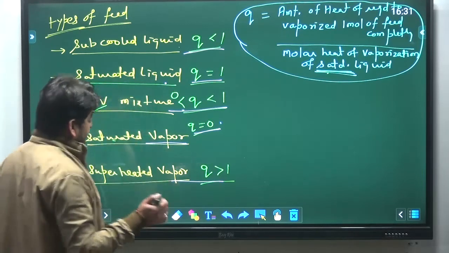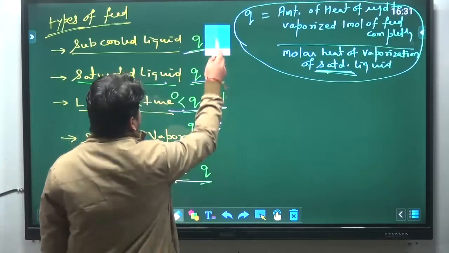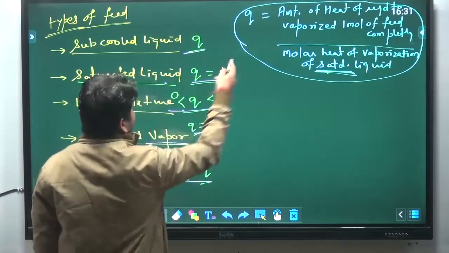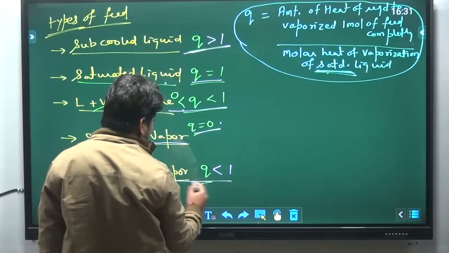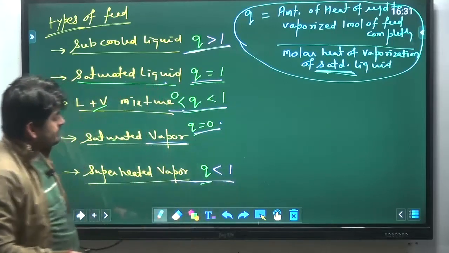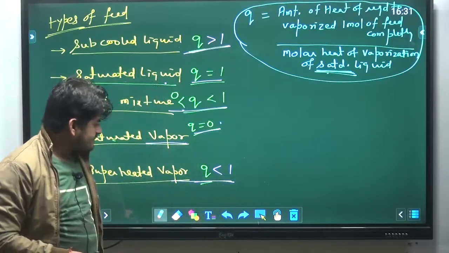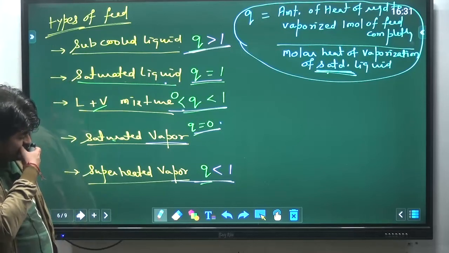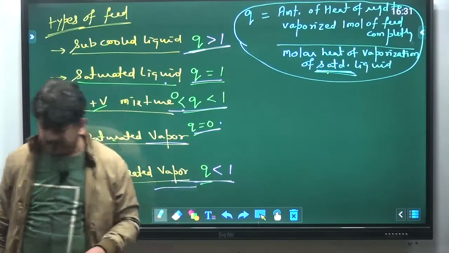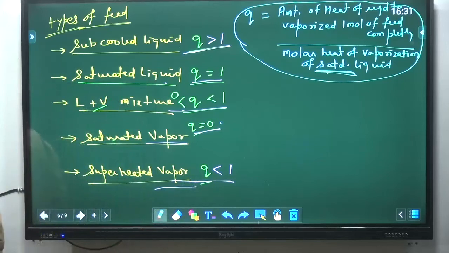We have made it wrong. For subcooled liquid, we need more heat, so Q will be greater than 1. And here it is less than 1. For superheated vapor, tell me, it should be less than 1 or less than 0?